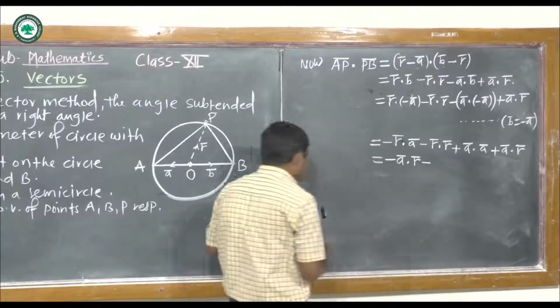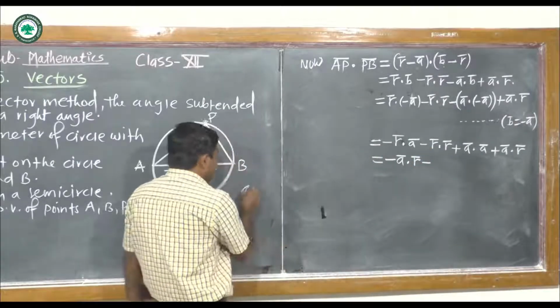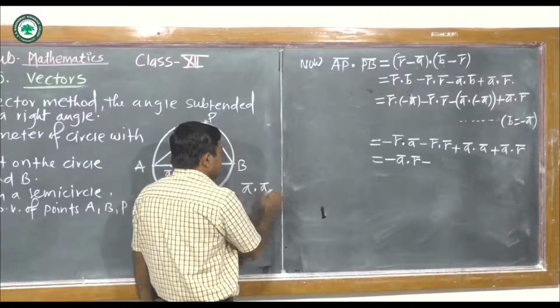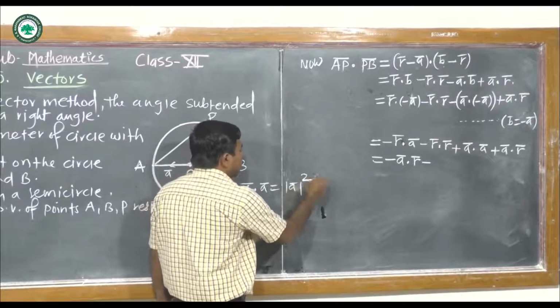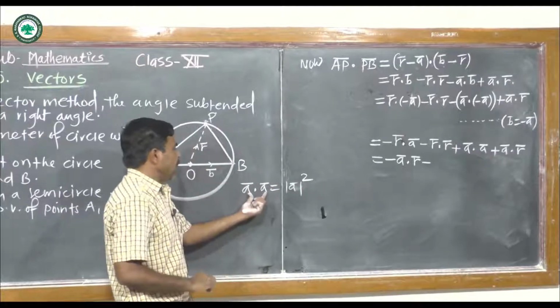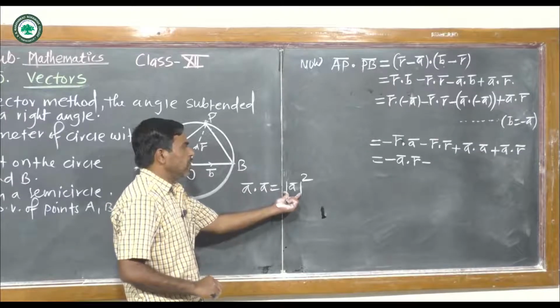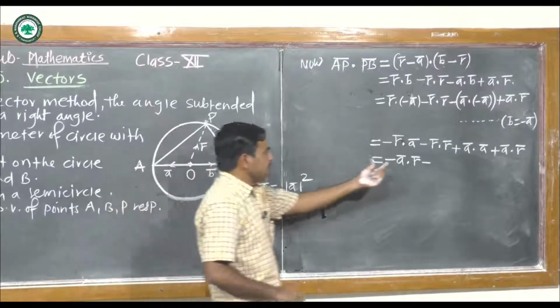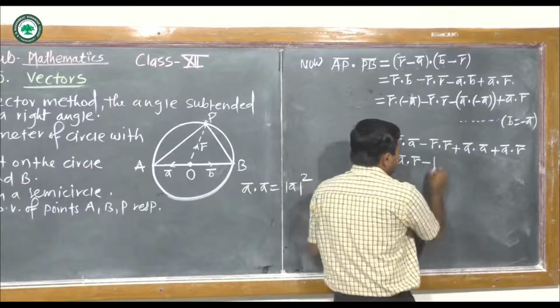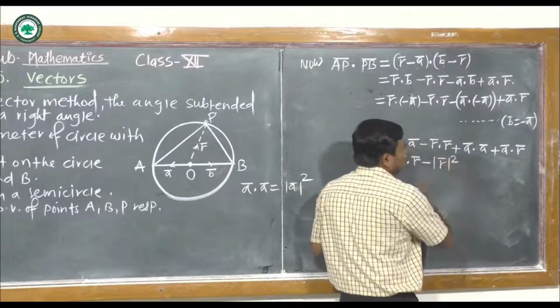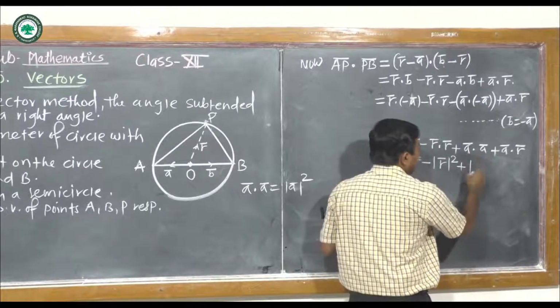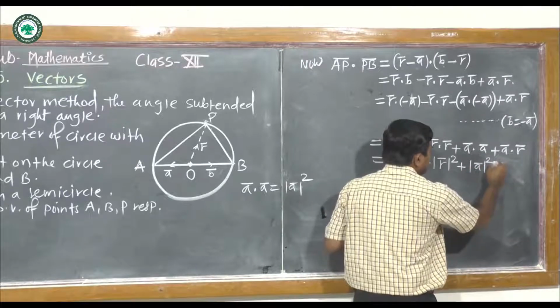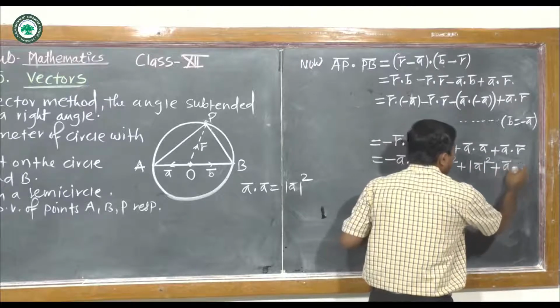In particular, we have the definition of dot product: A bar dot A bar is equal to the magnitude of vector A squared. Here R bar dot R bar is the magnitude of vector R squared, plus A bar dot A bar, that is the magnitude of vector A squared, plus A bar dot R bar.